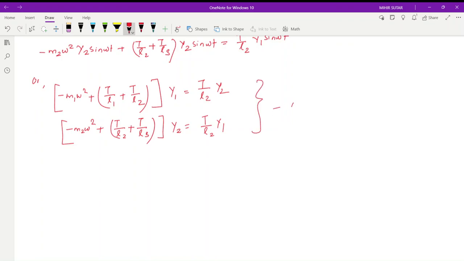Let's say this is our set of equation 5.